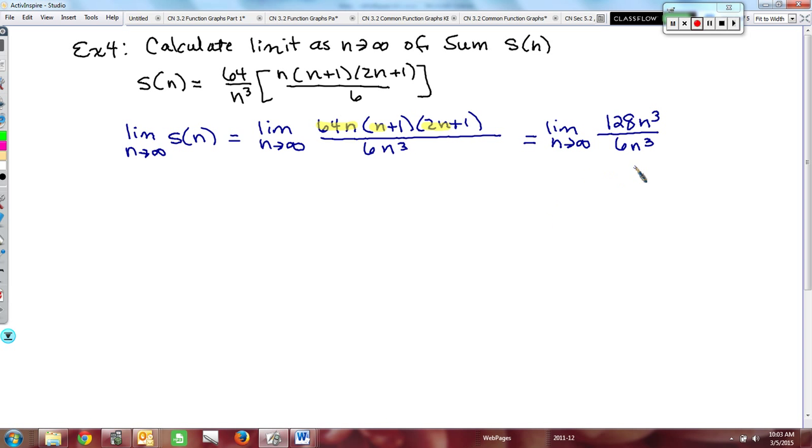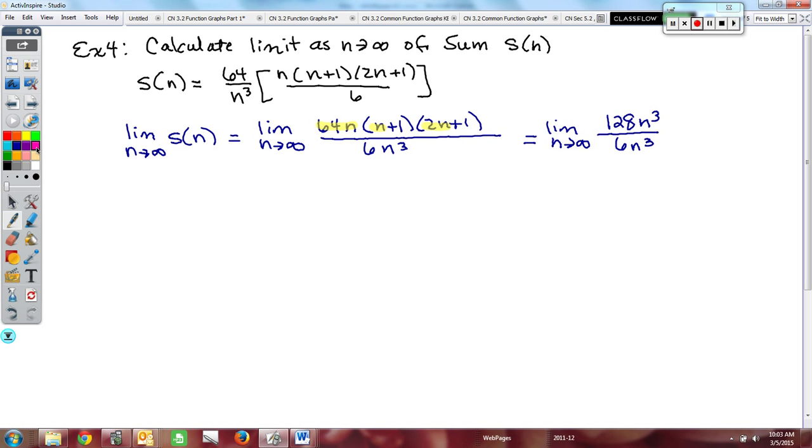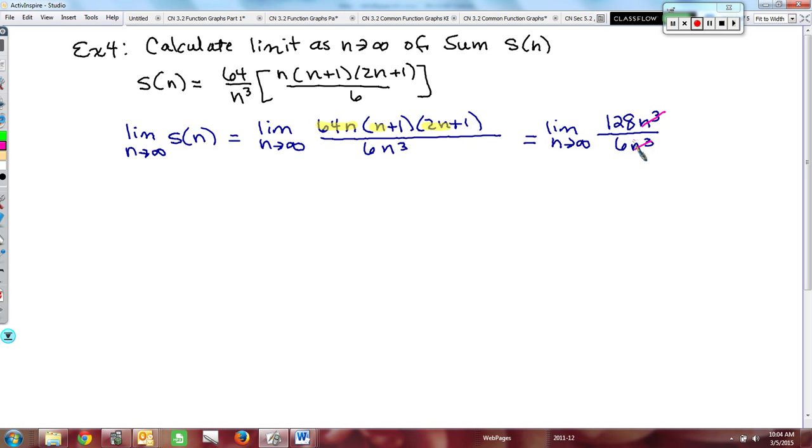Then we can calculate our limit because we can now remove what was causing us to have infinity over infinity, the indeterminate form. I take 128 and divide by 6 and simply get 64 thirds. The limit of a constant is the constant.